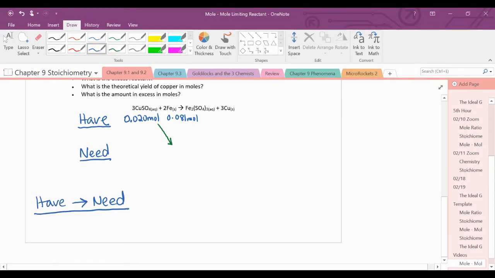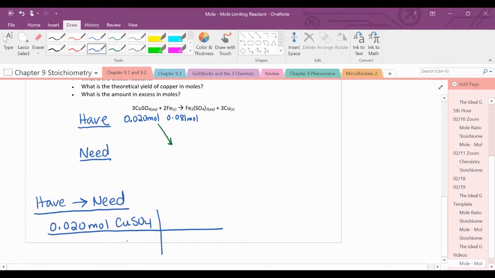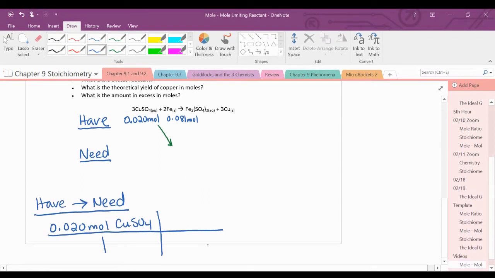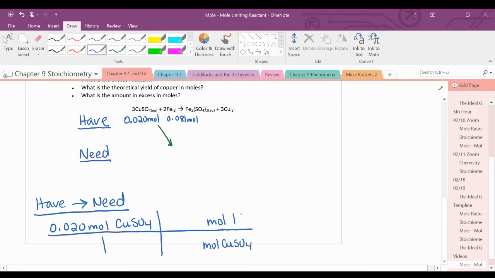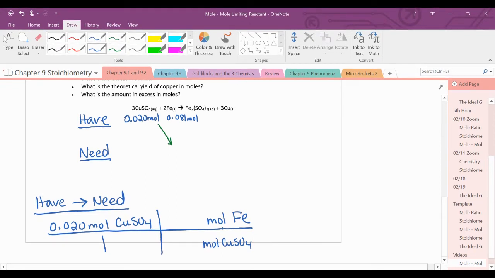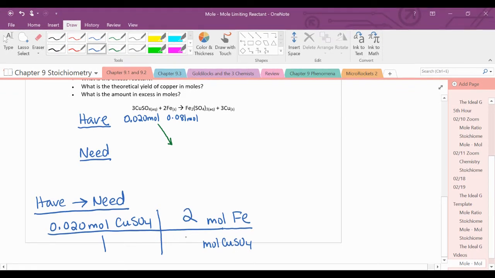And this is just a mole-to-mole conversion. I have 0.020 moles of copper(II) sulfate. I can convert from how many moles of copper(II) sulfate I have to how many moles of iron I need. And I just use the mole ratio from the balanced chemical equation. For every 2 moles of iron, I need 3 moles of copper(II) sulfate.